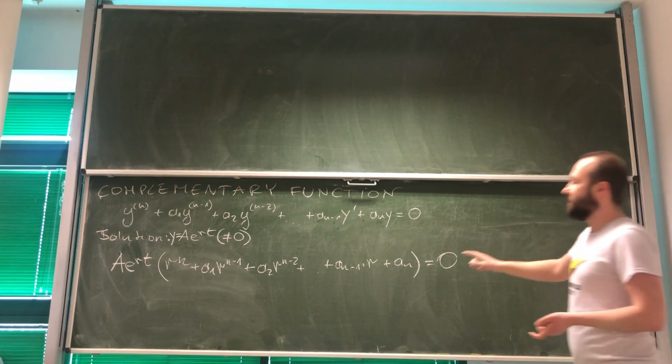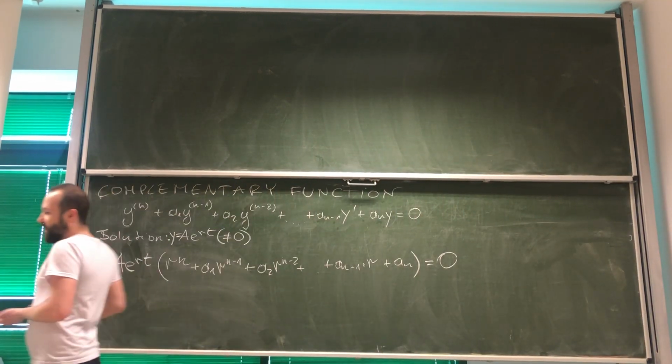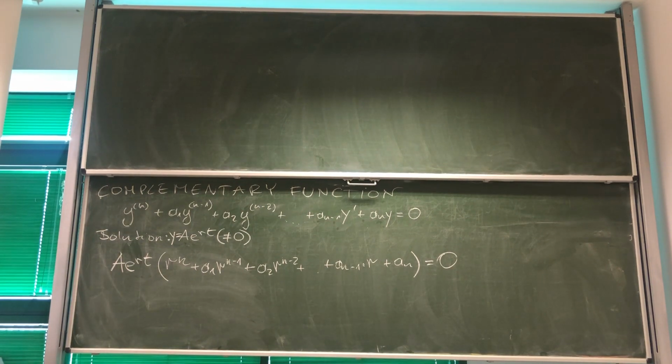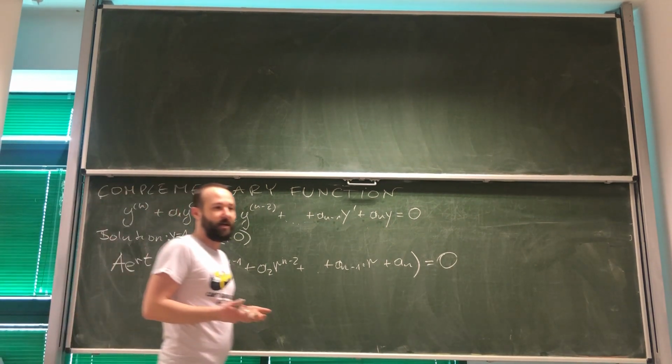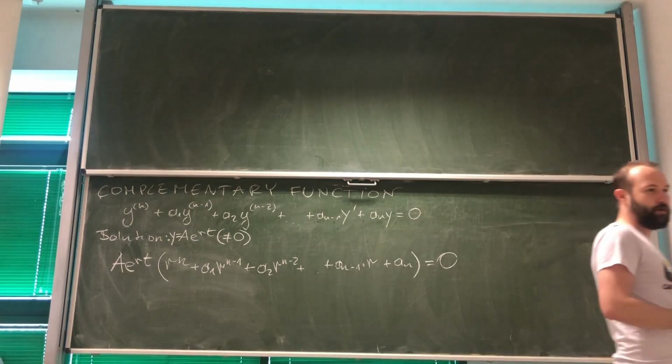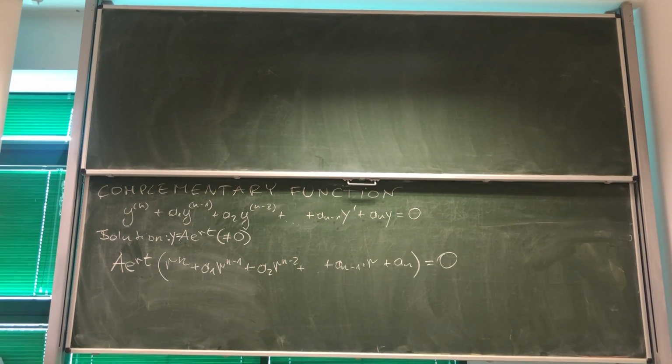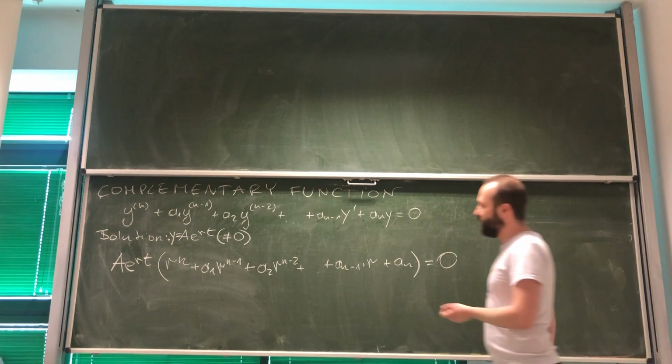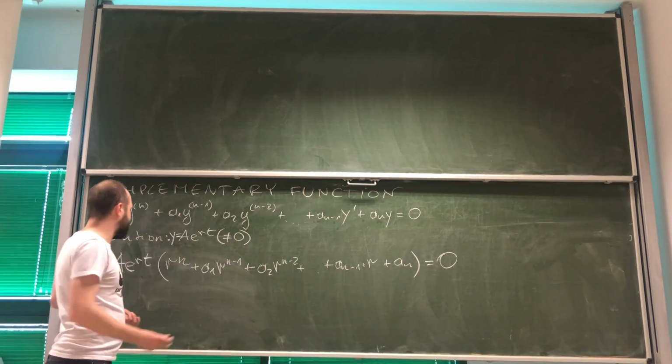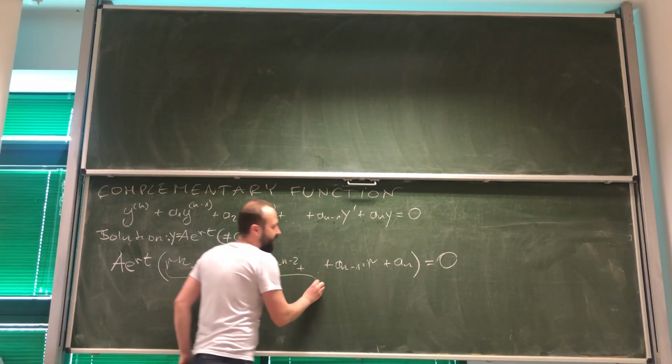And because we know that this common expression cannot possibly be equal to 0, what we are getting as a result over here is a characteristic equation, just like we had previously.